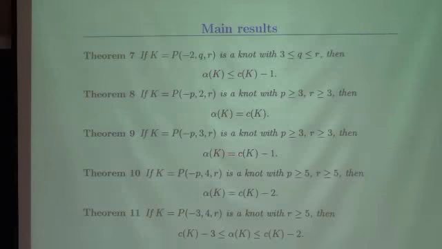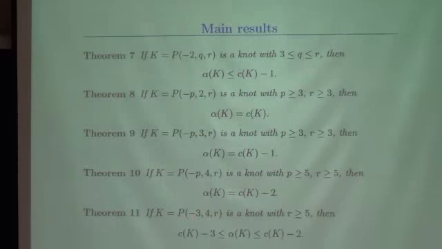So alpha K is equal to CK minus 1. And in the case P is bigger than or equal to 5, Q is equal to 4, R is bigger than or equal to 5, then the deficiency is 4. So alpha K is equal to CK minus 2.